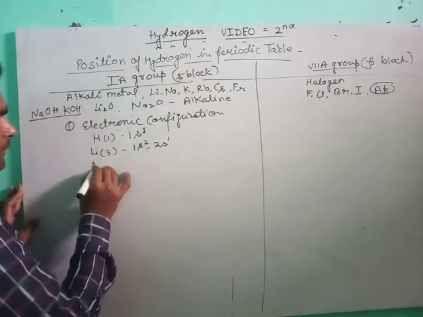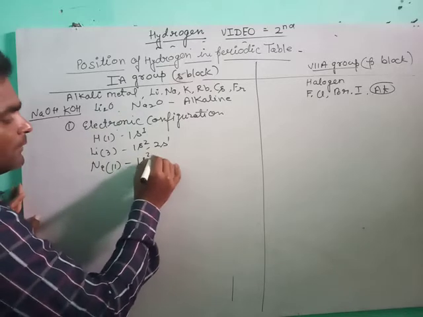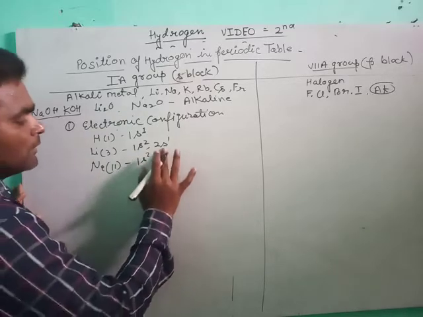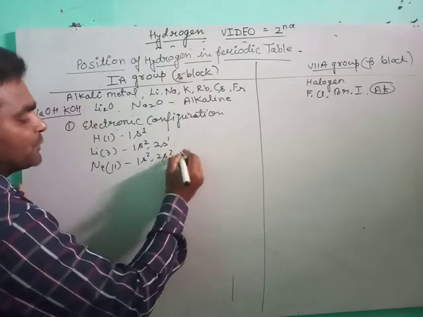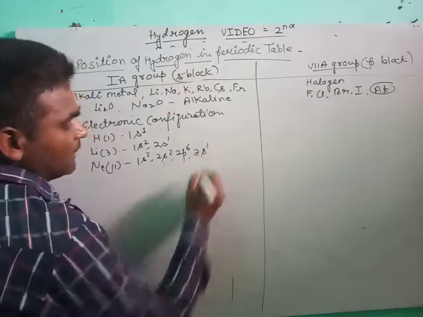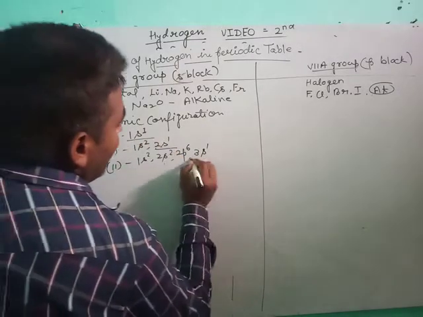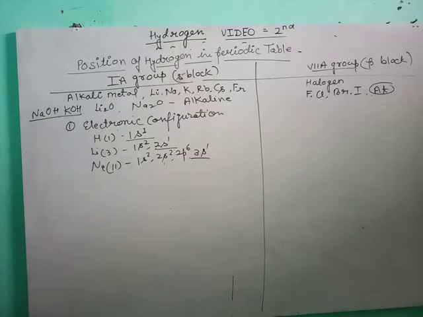And sodium has 11 electrons and the electronic configuration is written as 1s2, 2s2, 2p6 and 3s1.